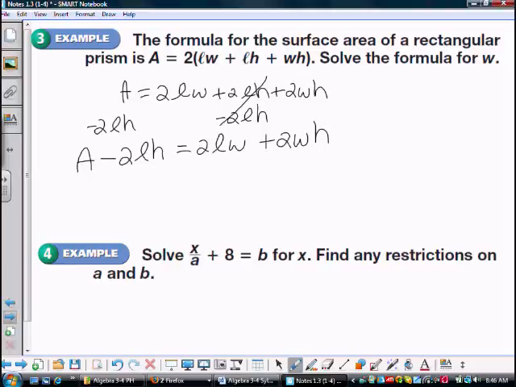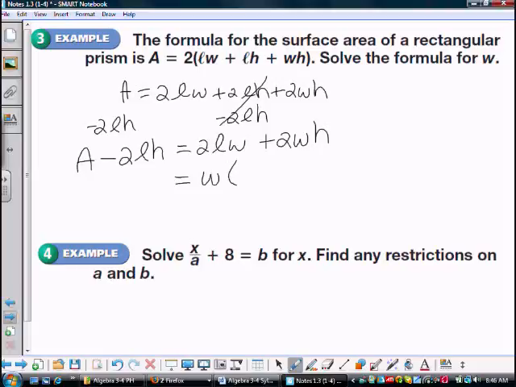Anybody know the trick now? Divide the 2L by both sides. There's a quicker trick. And that is to factor the W, because that's the variable I want.